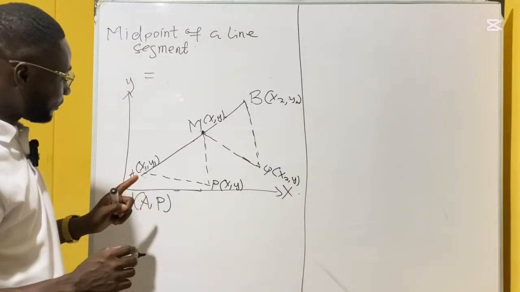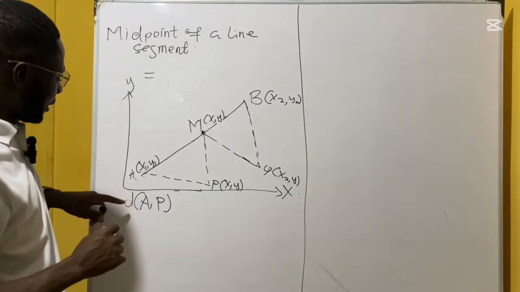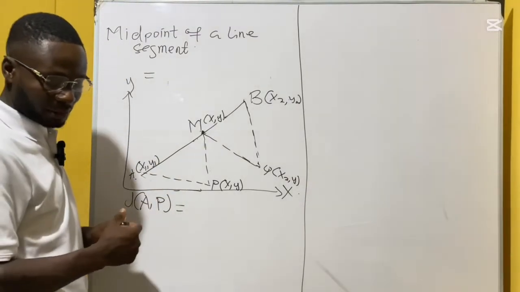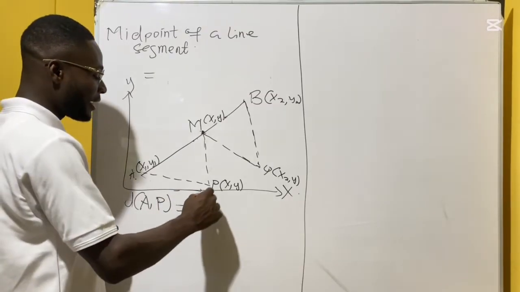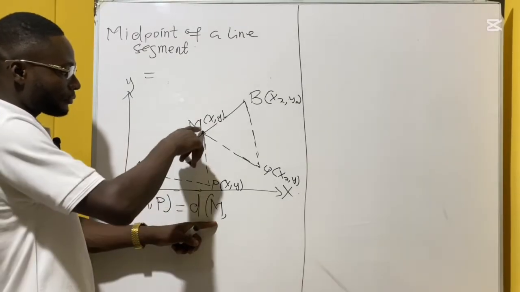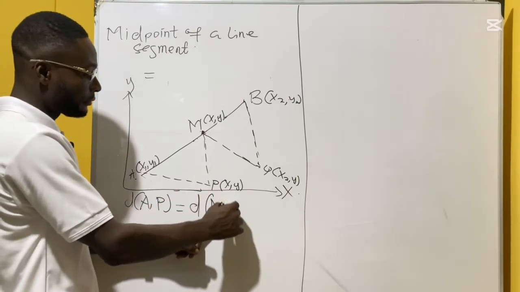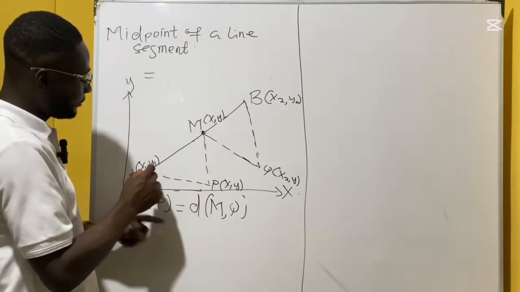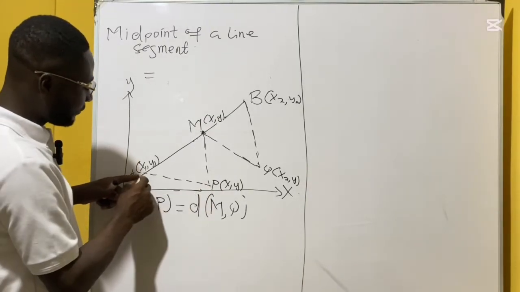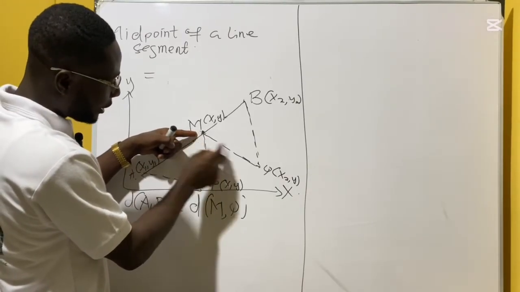So the distance of AP will basically be equal to the distance of MQ.